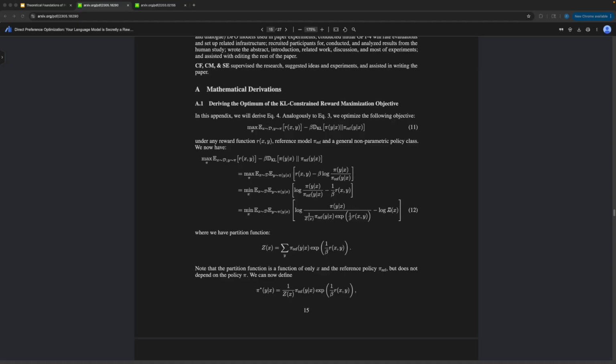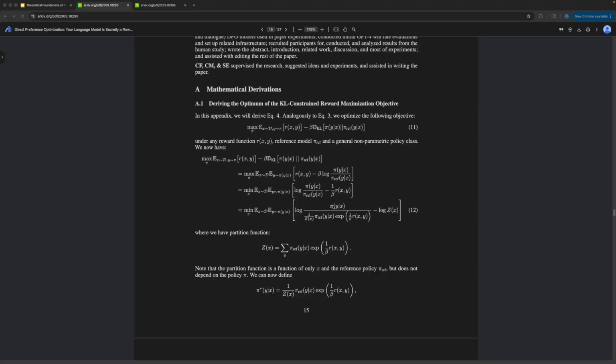Since the partition function is just a function of x, and the policy is responsible for y's, minimizing the sum of these two terms is just equal to minimizing this single term, where you want to minimize the expectation, y being sampled from pi, of log of pi upon another probability distribution. So this is nothing but the KL divergence between pi of y given x and this particular distribution.